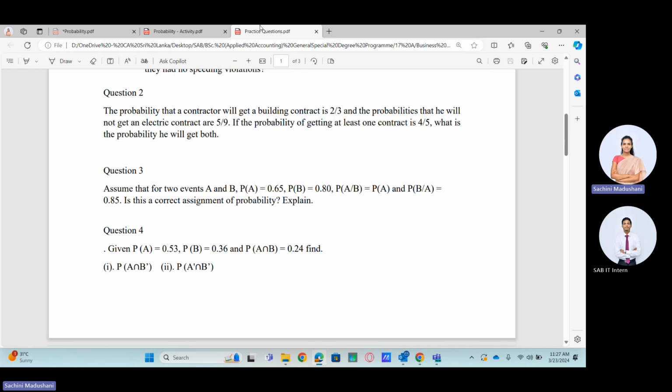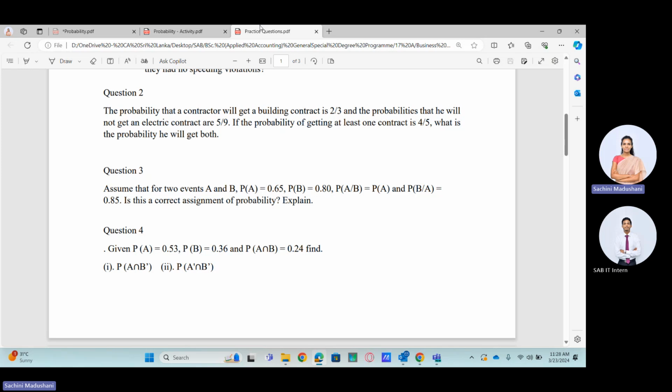Then he will get both, or electric, or building. In probability, at least means union. Then the union is 4 over 5. At least is another hint word for the union.